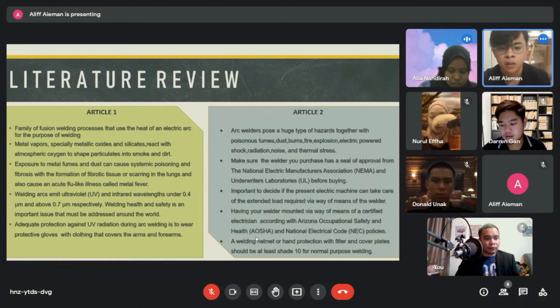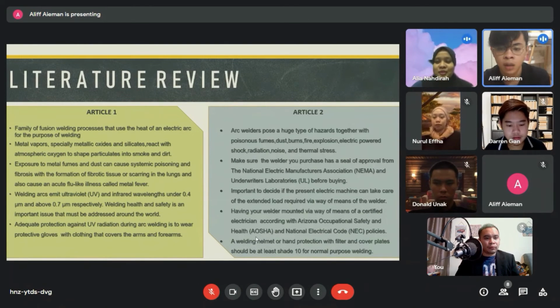The article tells about how welding poses a harsh type of hazard, together with poisonous fumes, dust, burns, fire, explosion, electric shock, radiation, noise, and thermal stress. Check for National Electrical Manufacturers Association or NEMA and Underwriters Laboratories or UL marks before buying.